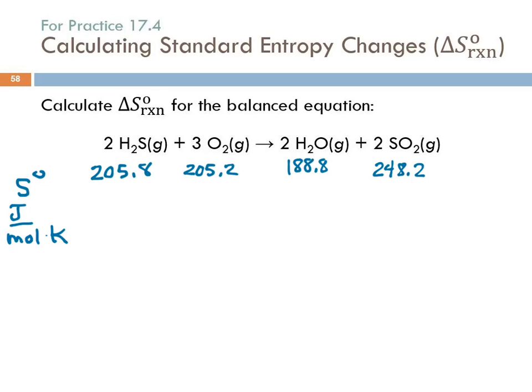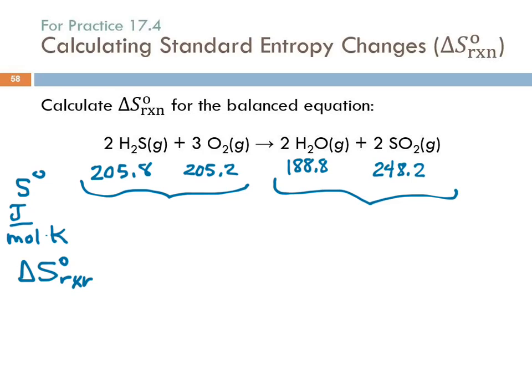So what we're going to do is we're going to take the products minus the reactants. These units are joules per mole Kelvin, and it's for the molar quantities specified in the chemical equation. So 2 of these, 3 of those, 2 of those, 2 of those. So like a lot of things, it's products minus reactants. It's final minus initial. So delta S standard reaction is going to be 2 times 188.8.